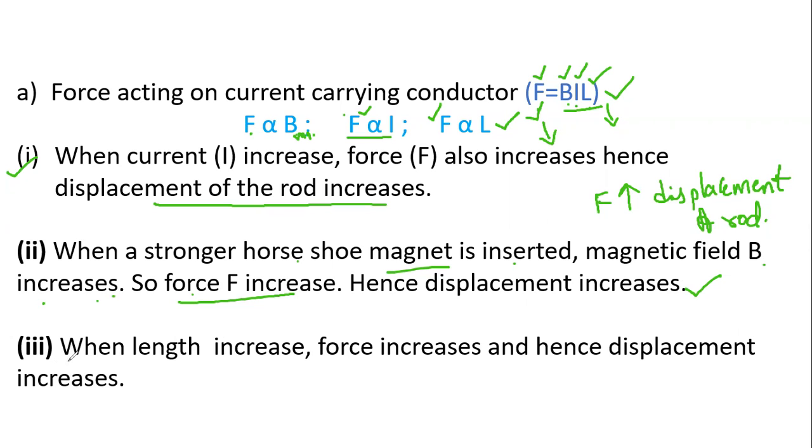Third one: when length increases, force increases, then displacement also will increase. Understood? This is the concept. If you know the first concept clearly, it is very easy to answer many application-based questions under current carrying conductor, how the force will change. Okay? Then we'll move to another one.